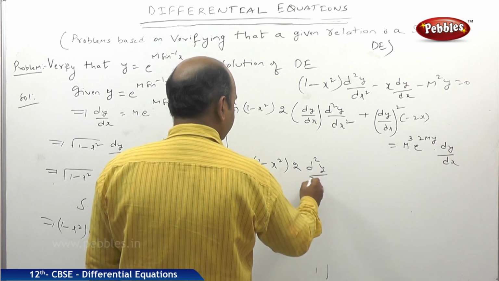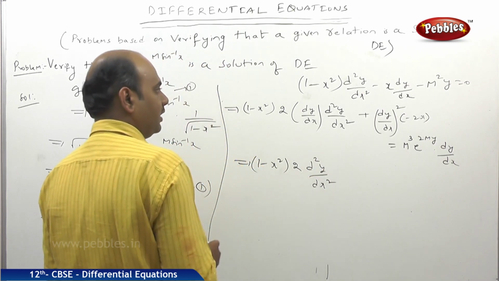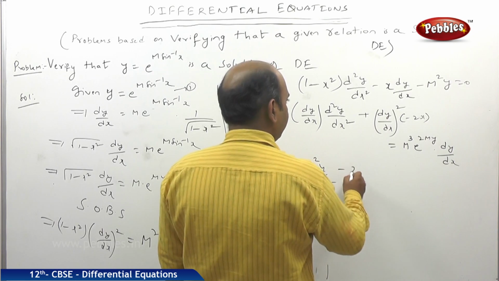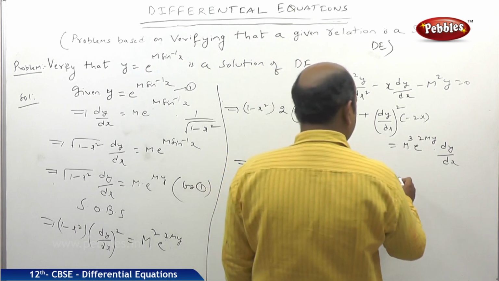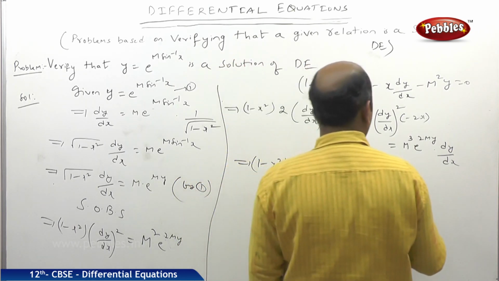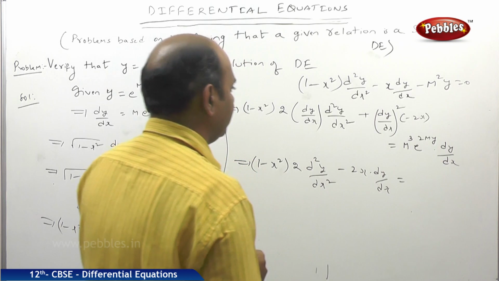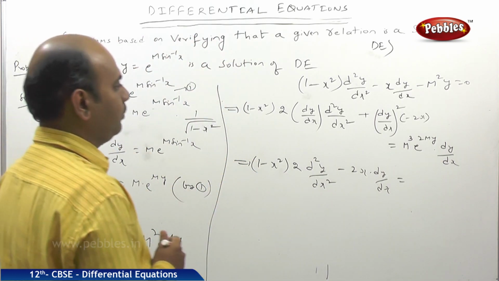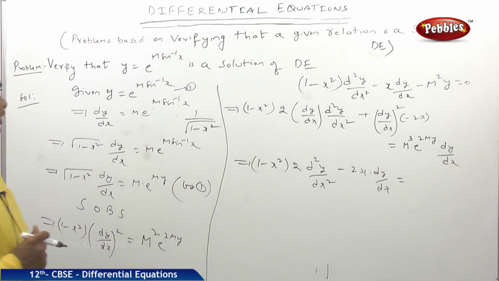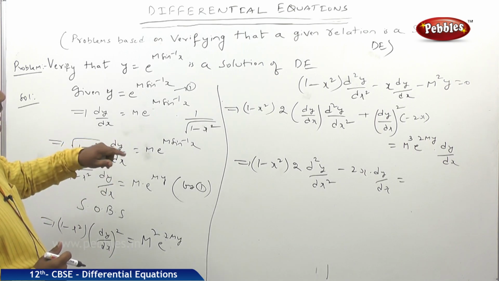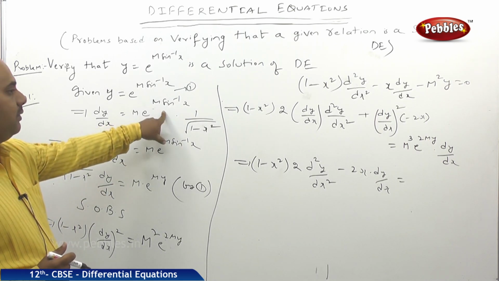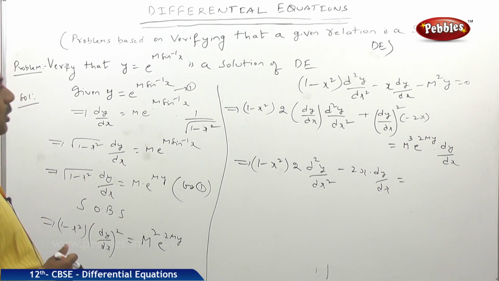So there remains d square y by dx square, and here also minus 2x into dy by dx remains. That is equal to, if you observe carefully, m cube into e power 2my into dy by dx. But dy by dx we got as m into e power m sin inverse x into 1 by under root of 1 minus x square.